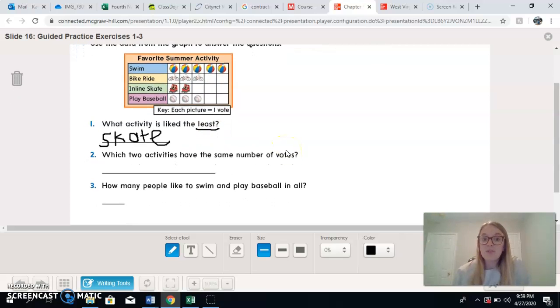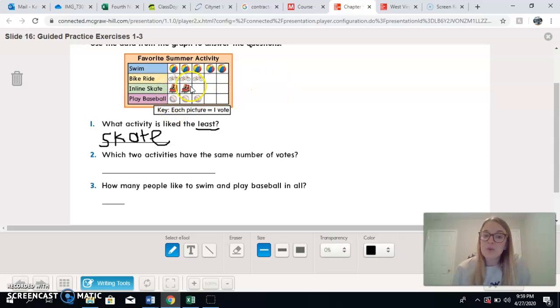So for number 2, the question says, which two activities have the same number of votes? So what you can do is I can count all those pictures again if I wanted to, but I could also look and see where the last picture ends. So if I look at my very last beach ball and I go all the way down, I see, oh, there's no other pictures there. So that one must not be it.